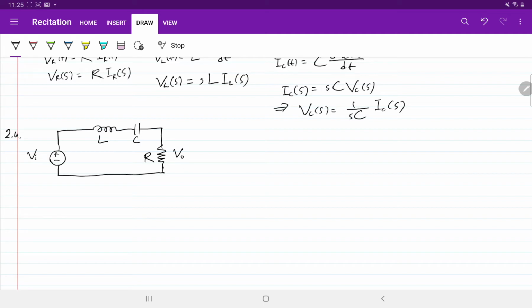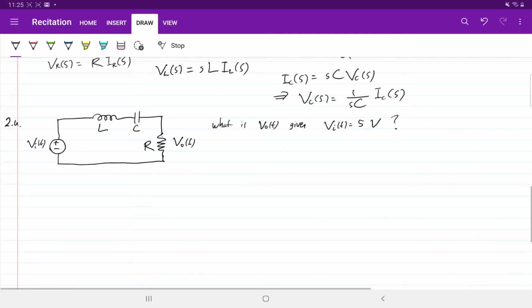So what is V0 of t in the time domain, given Vi of t is 5 volts? You can solve this in several ways.